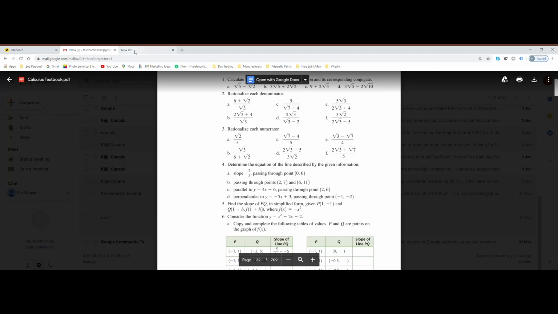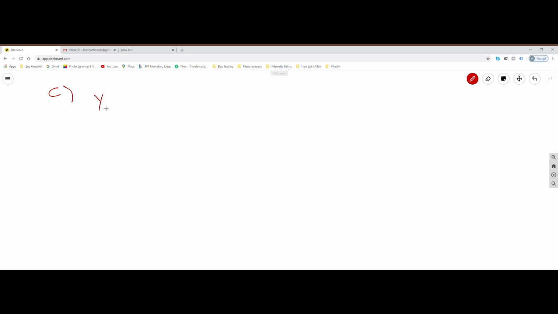Parallel to 4x minus 6. So we have y equals 4x minus 6. If it's parallel, it has the same slope. So, and it's passing through points 2 and 6. So we have y equals 4x plus b.